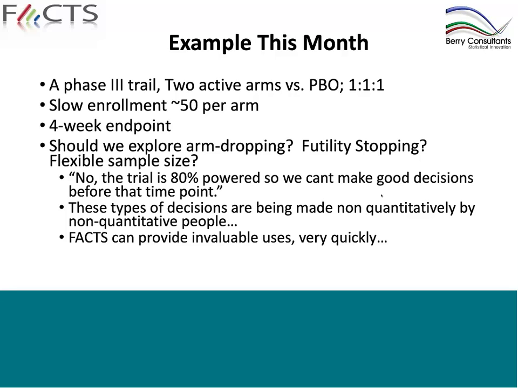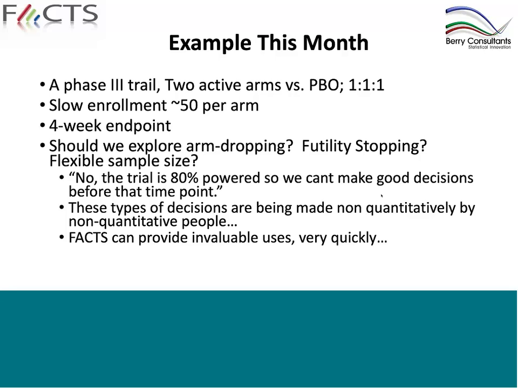When the discussion came, given the slow enrollment and the rareness of this, do you need 2 doses? During the trial, could you make decisions and drop one of the arms, which could let you finish much sooner if your drug is effective? You could stop the trial for futility, maybe use a flexible sample size. Why is 50 the right answer?